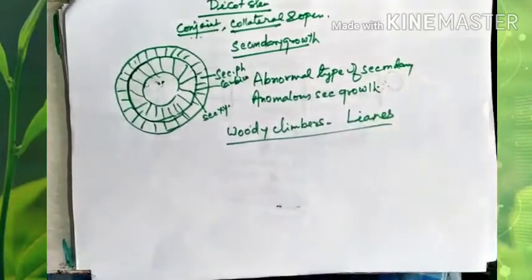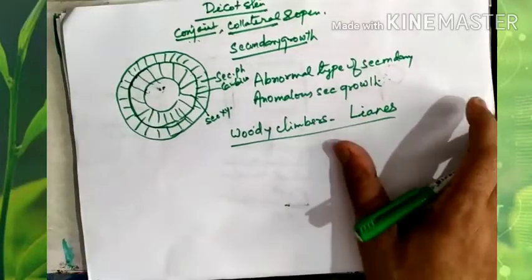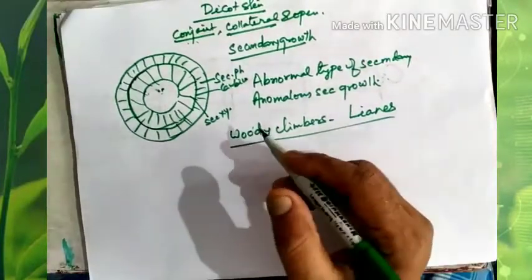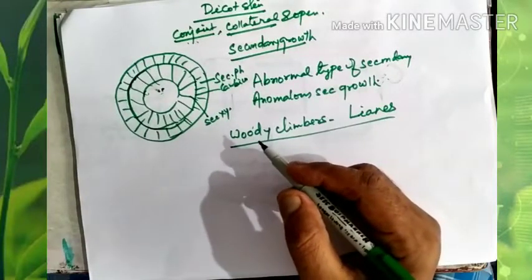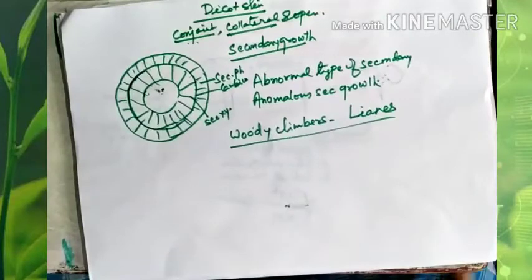It may be due to a physiological or morphological point of view that this abnormality in the secondary growth occurs, and there are two types of abnormalities.